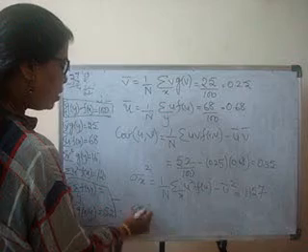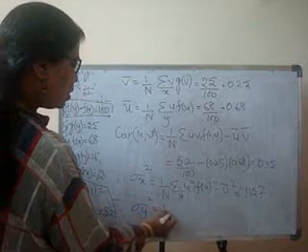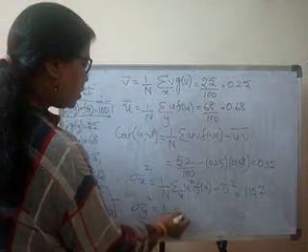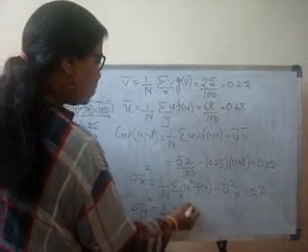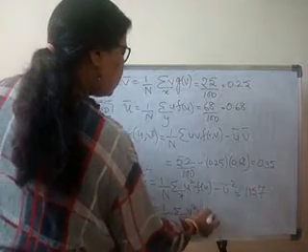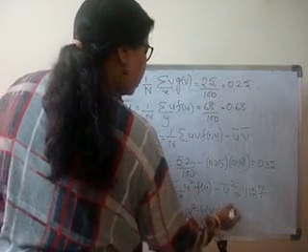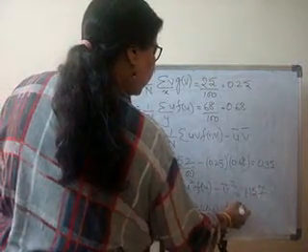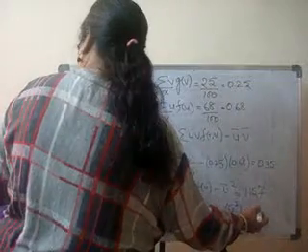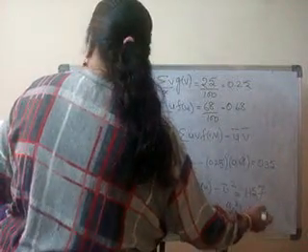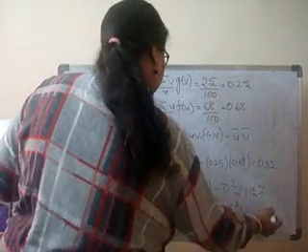Sigma y square is 1 by n summation v square f of v minus v bar square, that is 1.607.